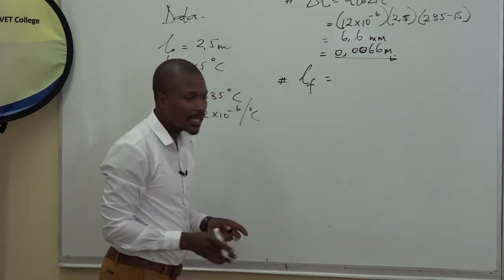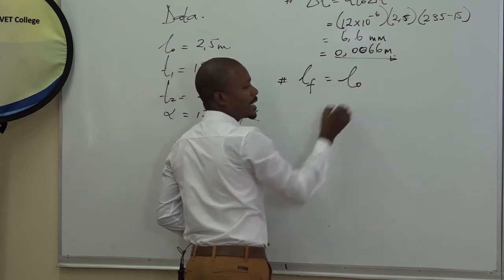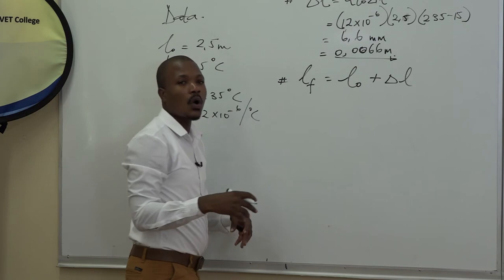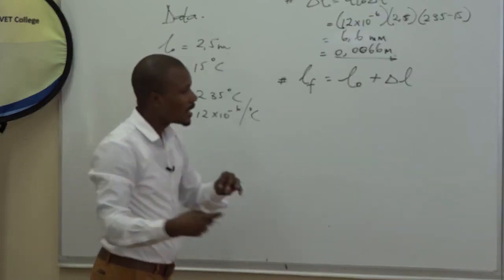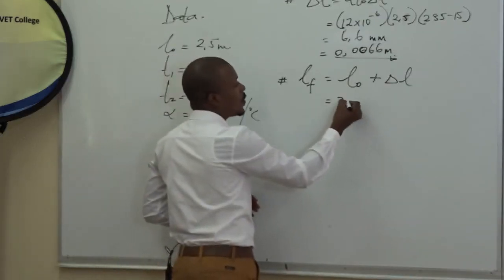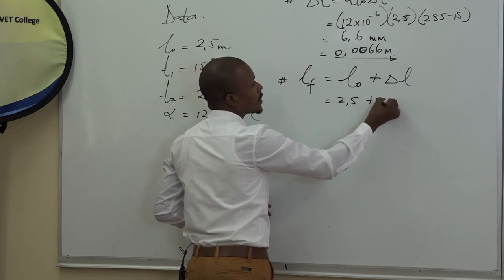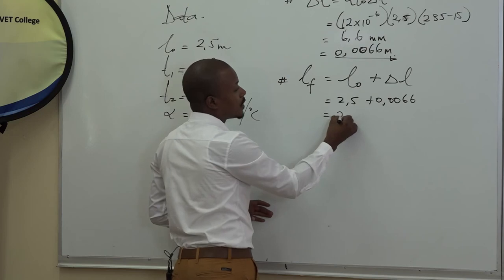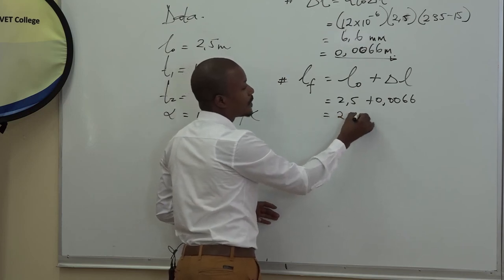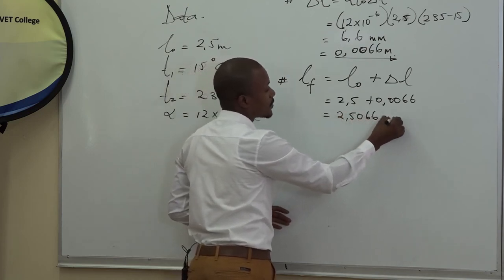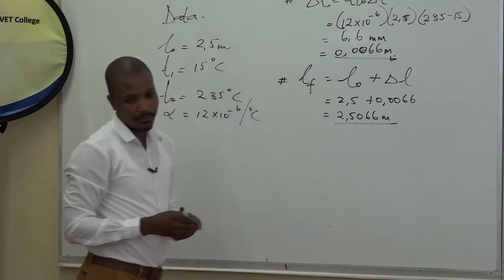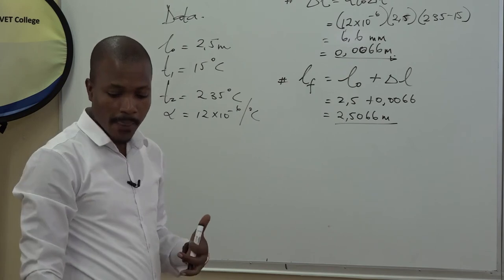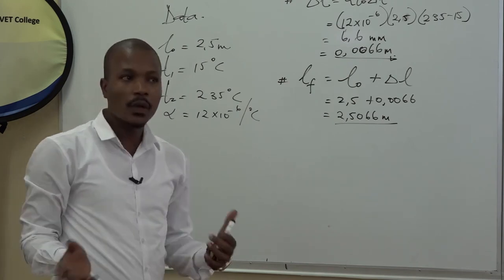This means that the final length will be the original length plus the change in length, because this thing has increased in length. 2.5 plus 0.0066. What is the final length? 2.5066 meters. Simple.